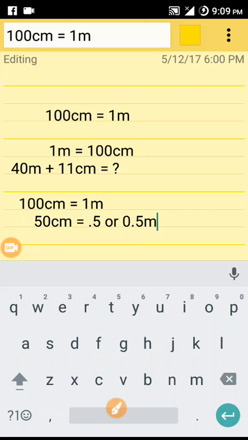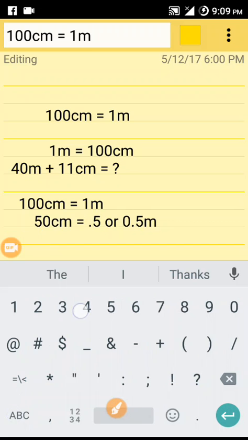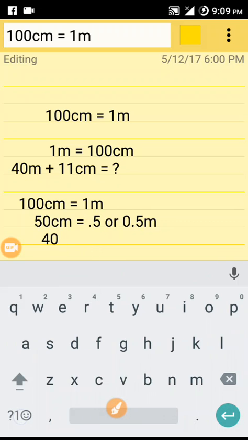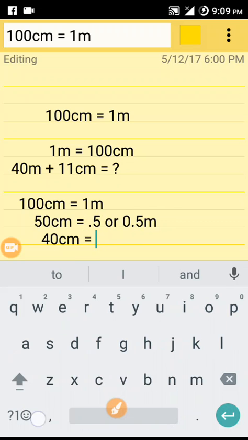Good. So from there, if 50, which is half of 100, gives us 0.5 meters, then we can also say that 40 centimeters is going to give us what?